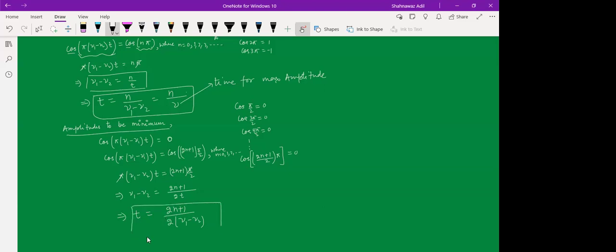This would be the time for the minimum amplitude. So let's say for the first one, that would be 1 by 2 (nu1 minus nu2).